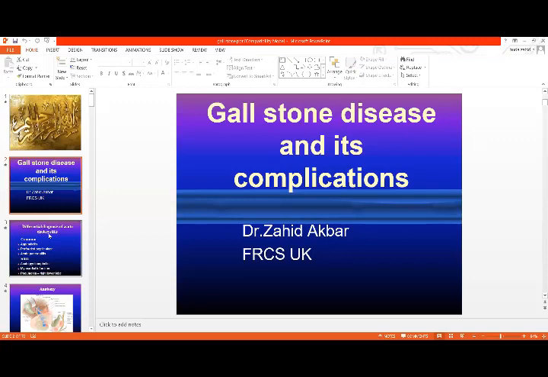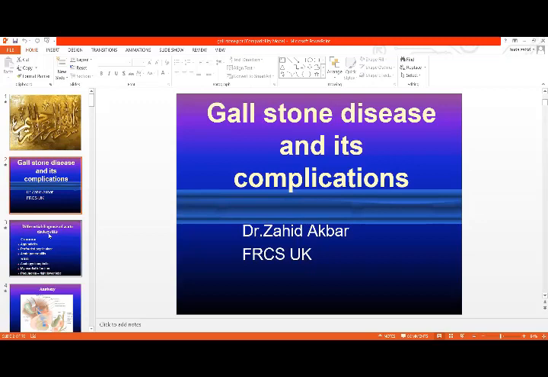The scenario is usually like this: a lady of 40 comes with epigastric and right upper quadrant pain of a few hours duration after having a meal. And what do you think, on this scenario, are the differential diagnoses?